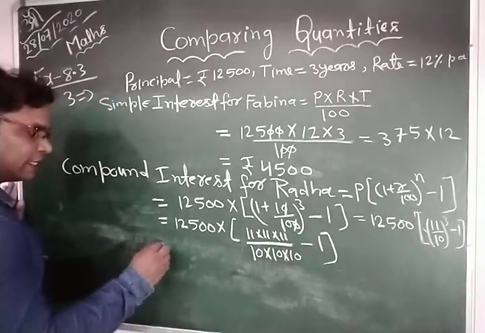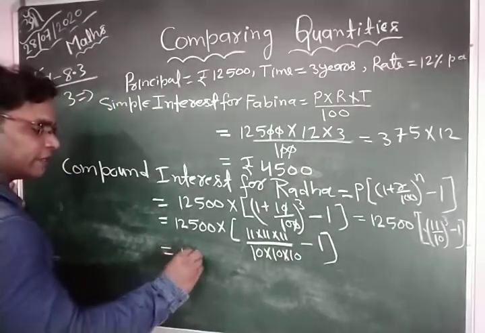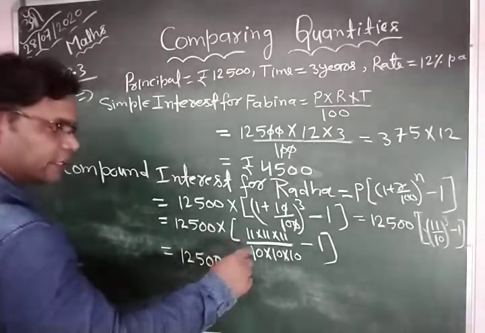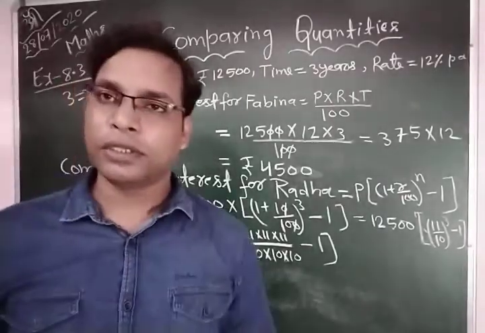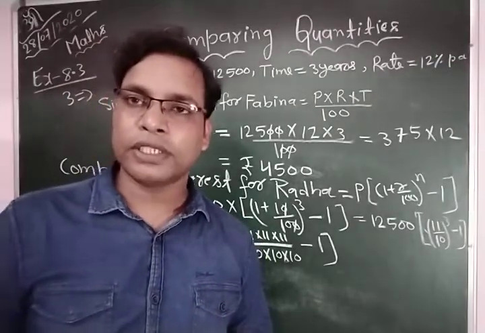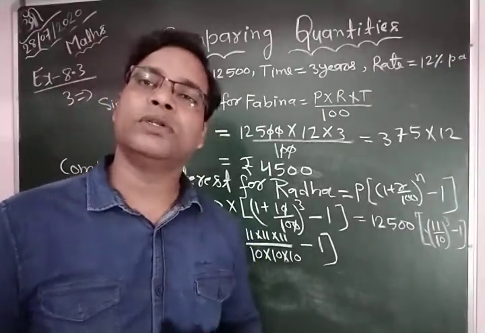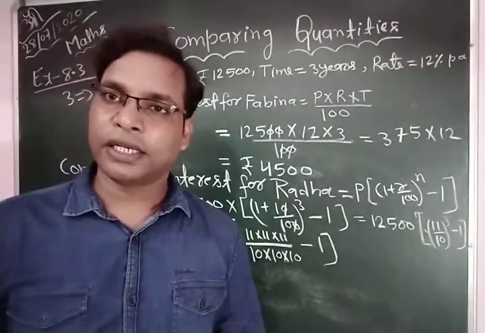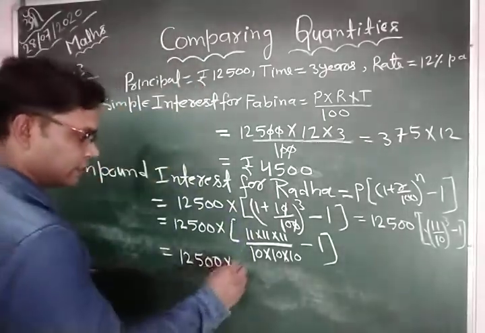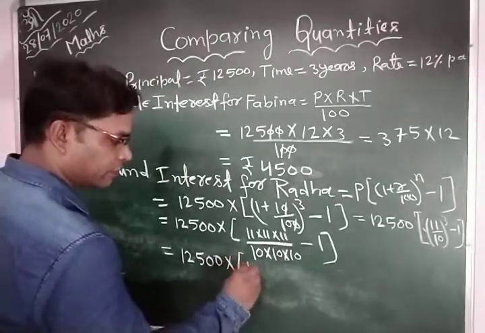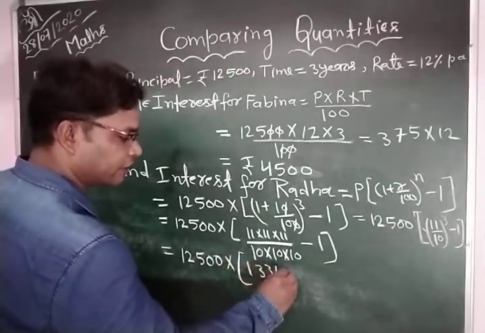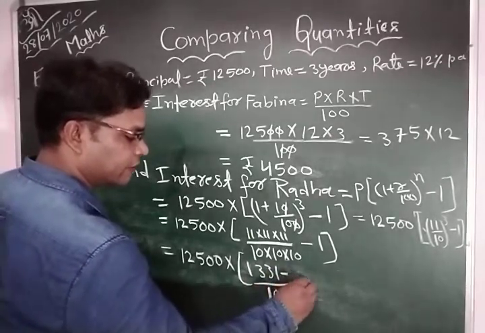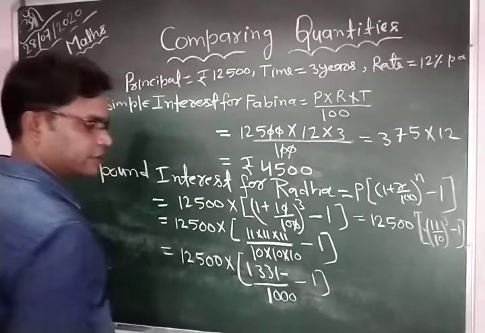So you can again write it 12,500 into 11 into 11 into 11. 11 into 11 is 121. After this into 11 again, then you find 1,331. Okay, this is equal to 1,331 by 1,000 minus 1.